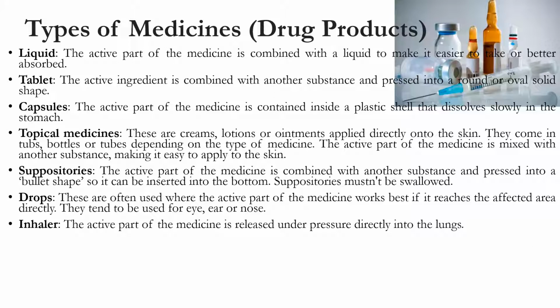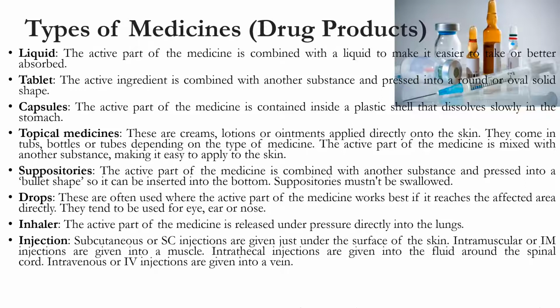Sometimes you can see inhalers, used in asthma or other types of diseases. The API of the medicine is released under pressure directly into the lungs. Another form of drug product is the injectable form.